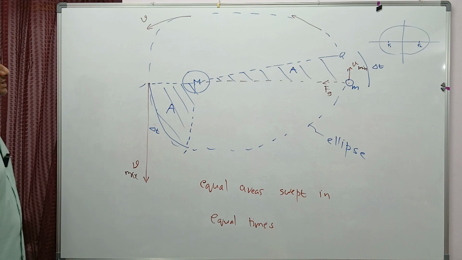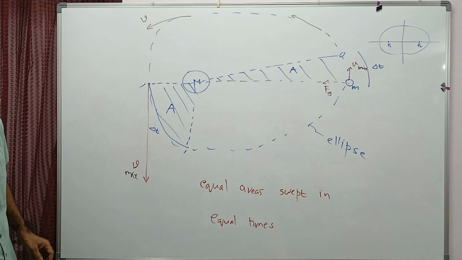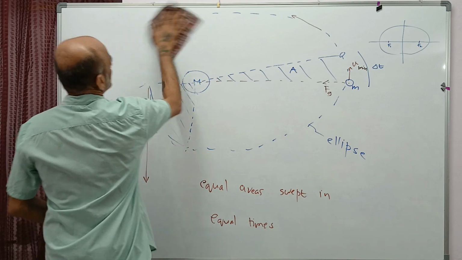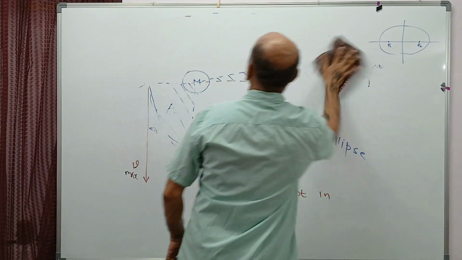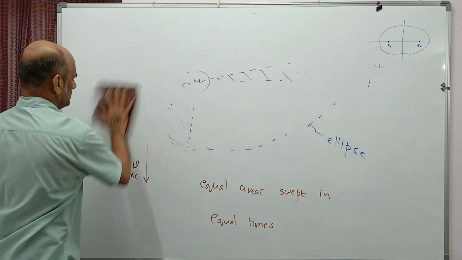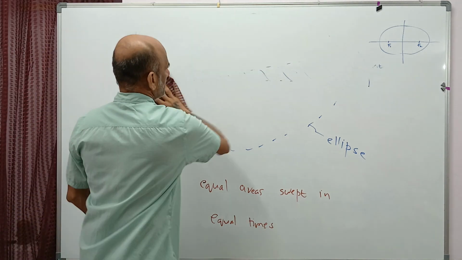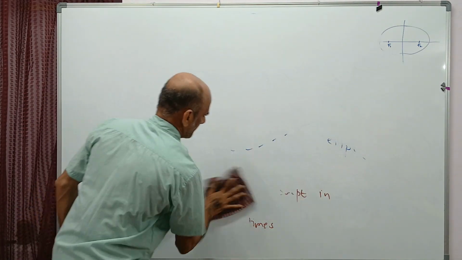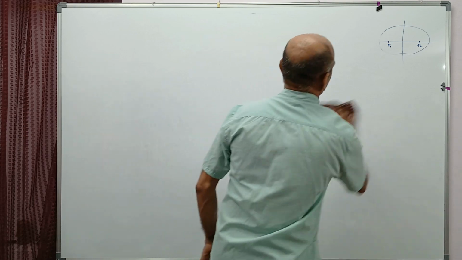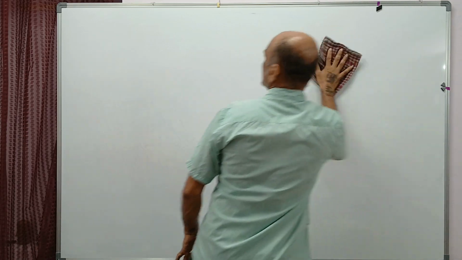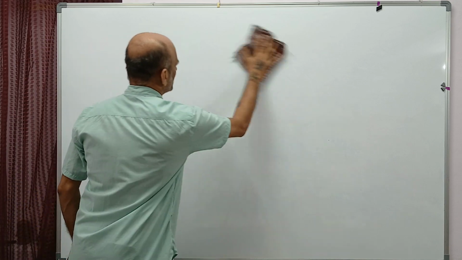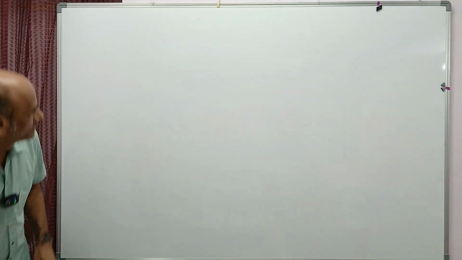Now the next is Kepler's third law. A bigger mass and a small mass will go around the bigger mass in an elliptical path.